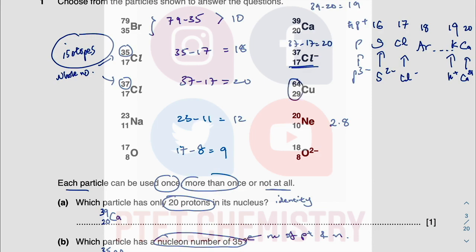I don't need to do this one; it's almost double the value, around 30. 20 minus 10, there you go, there's 10 neutrons there. 18 minus 8, there's also 10 neutrons. So there are two things: 20 minus 10 is 10, and 18 minus 8 is also 10.